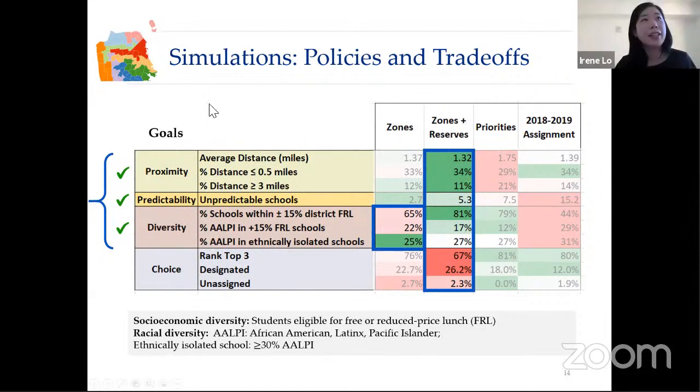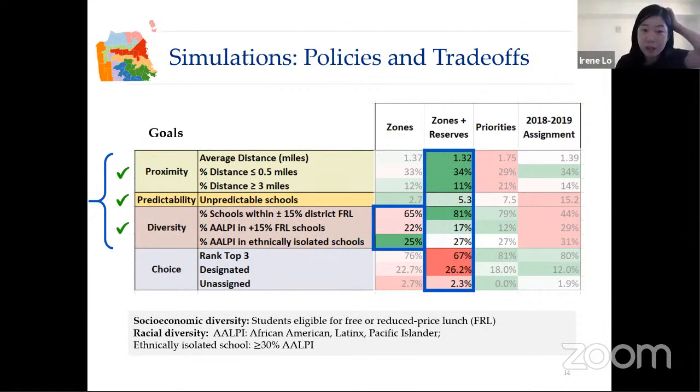Yeah, what's going on is that in, let's say, the orange zone over here, there are maybe 12 schools in the orange zone. And so even though there's, say, a pretty representative group of students in the zone, maybe all of the African-American students go to one school in the South, and all of the Latinx students go to 2 schools in the North.